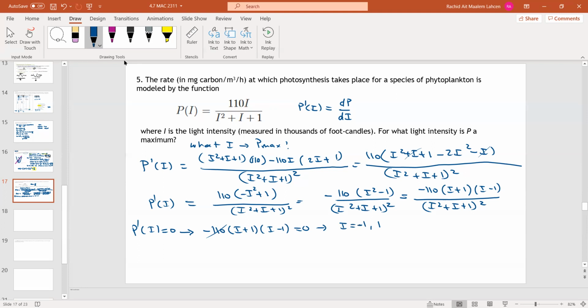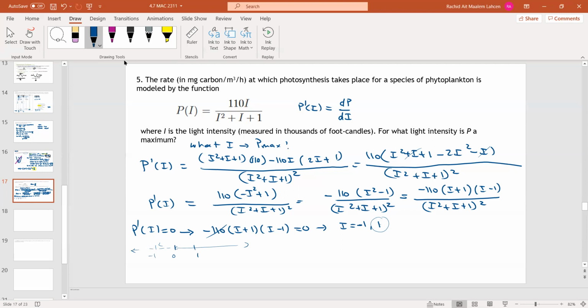Since the intensity is positive, we need to investigate here. You can do the full analysis if you want as you do for functions, but here really we're interested in this number, because if you put 0 here, negative 1 is on this side, and you have 1 on here, right?